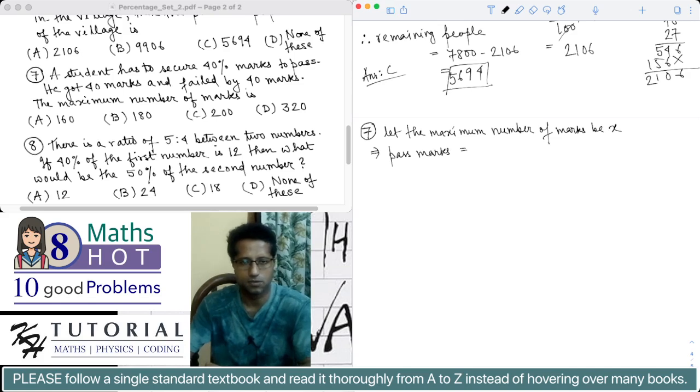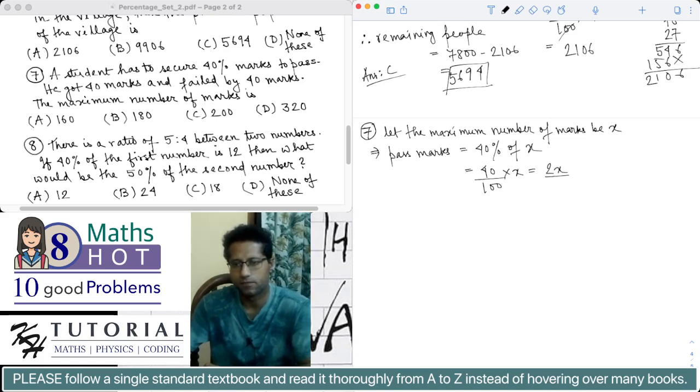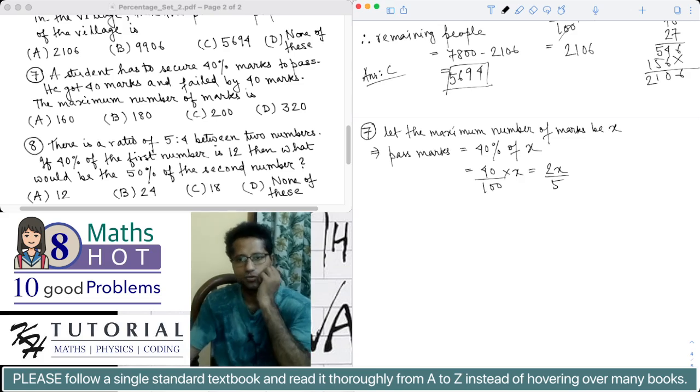A student has to secure 40% marks to pass. So therefore, the pass marks will be 40% of the total marks, that is x, the maximum number of marks. This is equal to 40 by 100 multiplied by x. After simplifying 40 by 100, it is 2x by 5. So this is the pass marks.